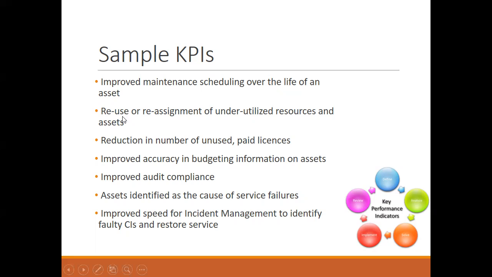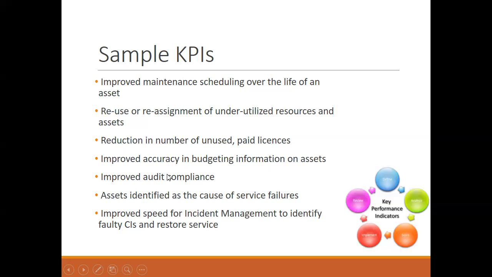But if they haven't, that would mean that that's kind of like a failure in this particular key performance indicator. That means if they haven't been working properly, your configuration management system is not being utilized to its best potential. Just talking about that, right? Paid licenses that we're not using. Budgeting information on assets.